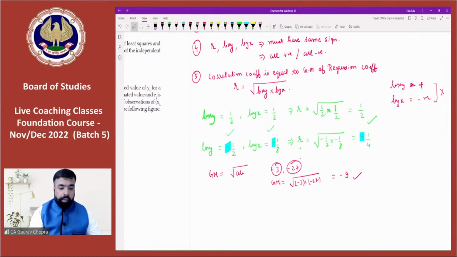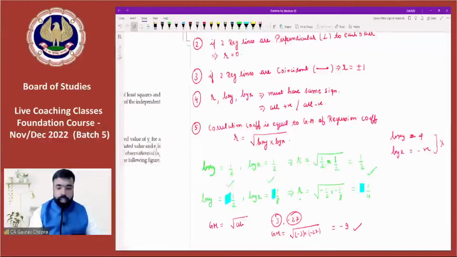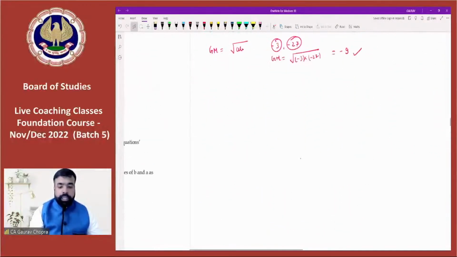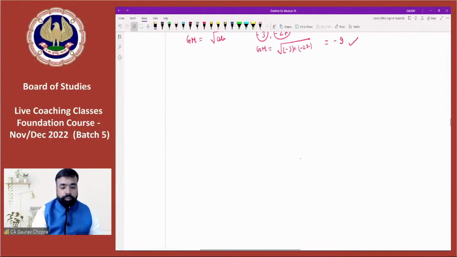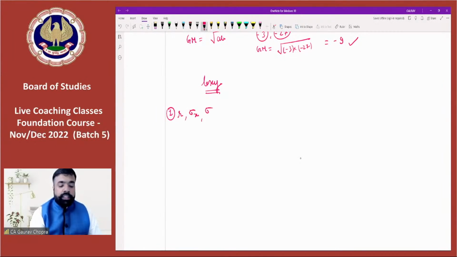Now let us write some formulas of regression coefficients. The first formula is for bxy. The first formula is used when r, standard deviation of x and standard deviation of y are given.